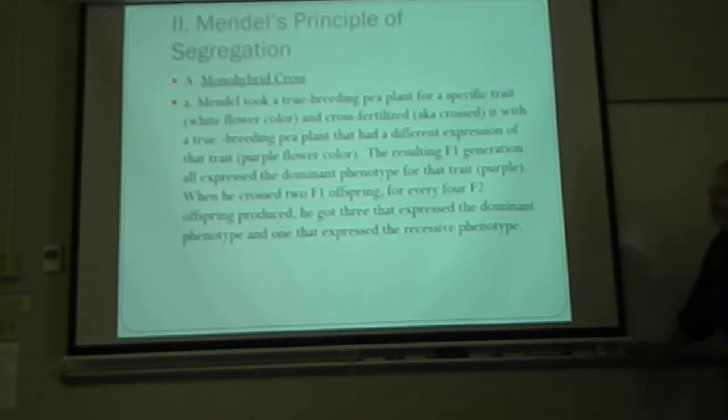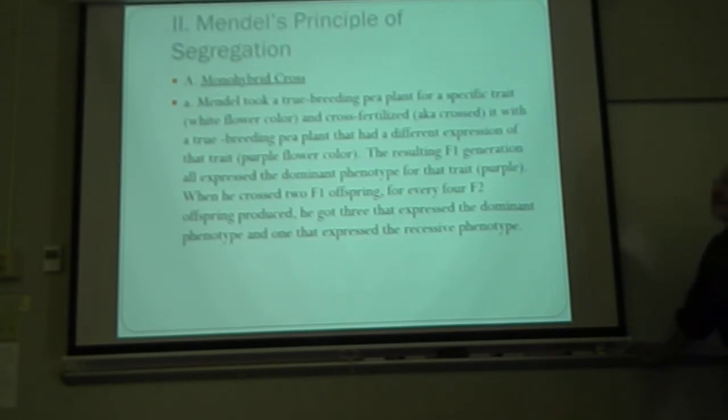We're going to look at one trait at a time in the first series, and this is called a monohybrid cross, mono meaning one. So we're just looking at one trait during this particular experiment.